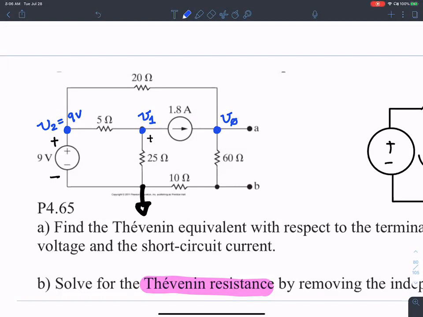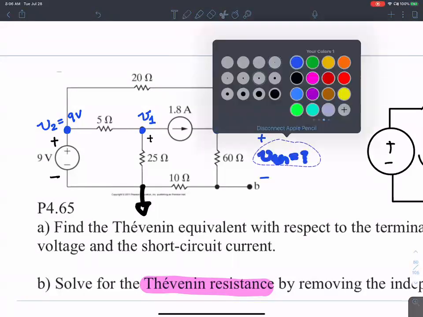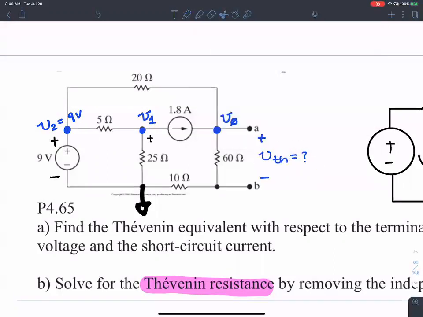When I'm interested in calculating V Thevenin, that's this voltage I'm interested in finding. What's that open circuit voltage value?